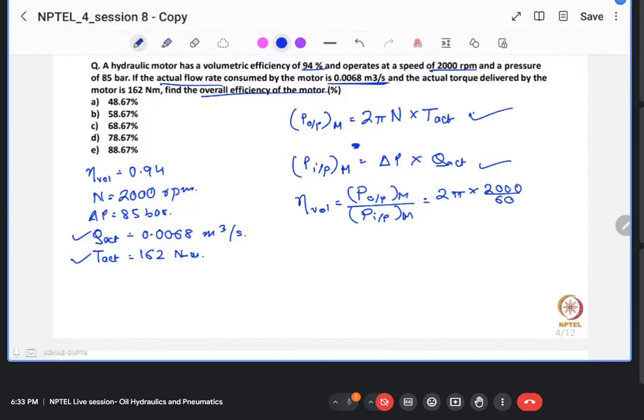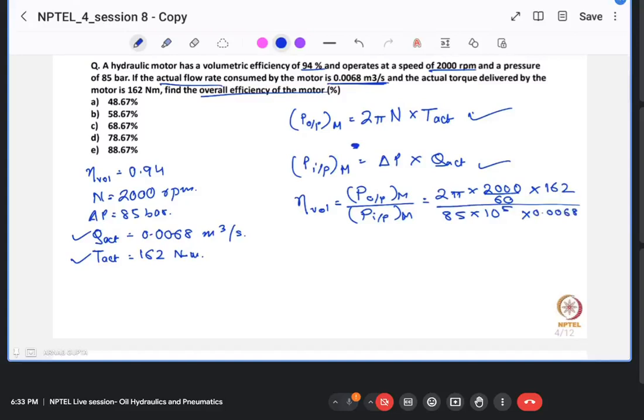Multiplied by torque actual, that is 162. It is given in Newton meter, so that's SI only. Delta P, 85 bar, multiplied by 10 to the power 5 pascals, into Q actual is 0.0068. Again, it is given in SI. Just try to substitute the values and calculate this.